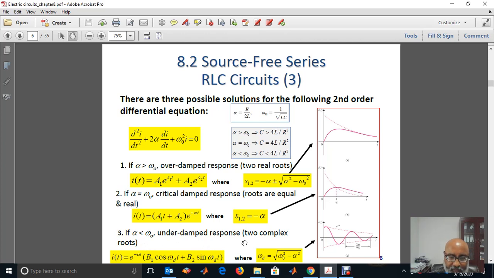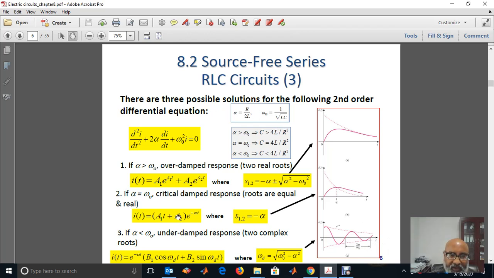We will have two complex roots, and the solution is I of t equal to e raised to minus alpha t times b1 cos omega d t plus b2 sine omega d t, where omega d is the square root of omega naught square minus alpha square. As you see from this, you have a ringing effect or oscillation. It is damped, and at t equal to infinity, of course, it goes to 0.